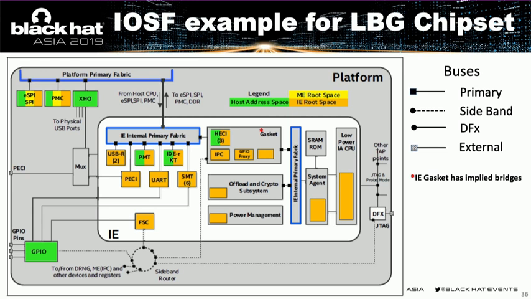Also, the list of all available port IDs for all devices connected to IOSF sideband is unavailable in public. But we have such a list for Intel server chipsets, and we'll show it to you as a bonus at the end of our talk.